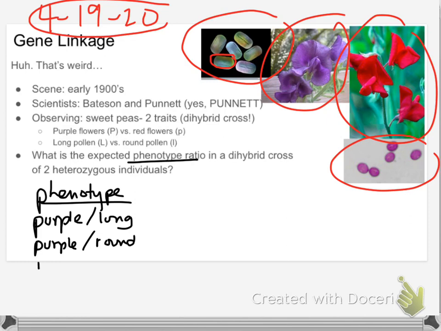We could get red flowers, which are recessive, with long pollen grains, which are dominant. And we could also get red flowers with round pollen grains. And let me shrink this and move it around a little bit.